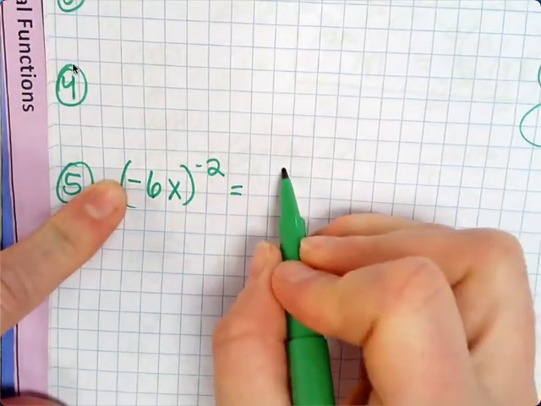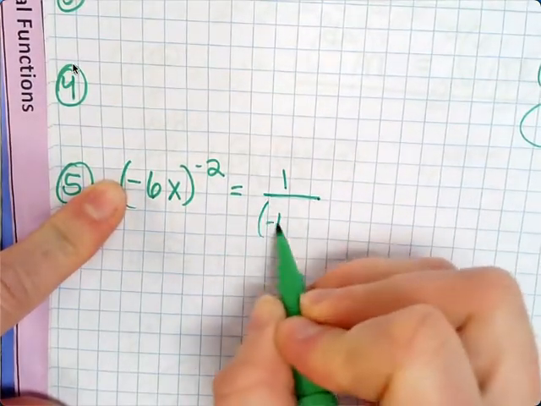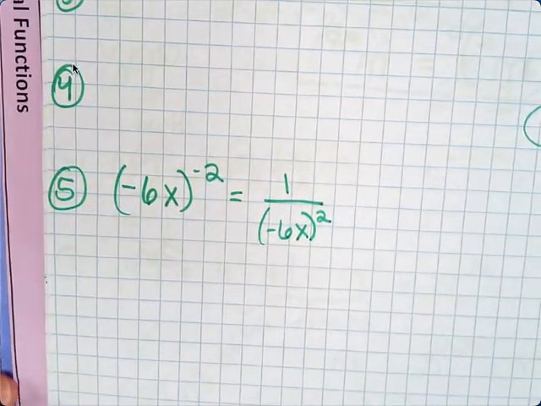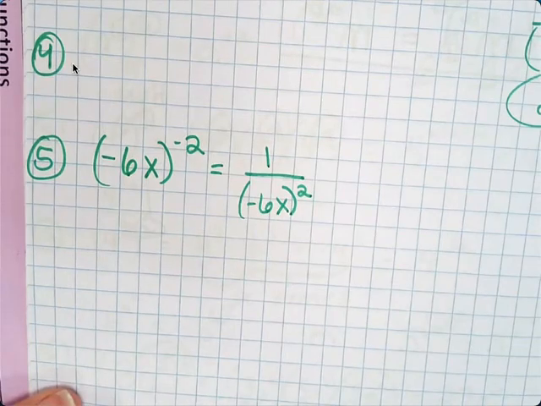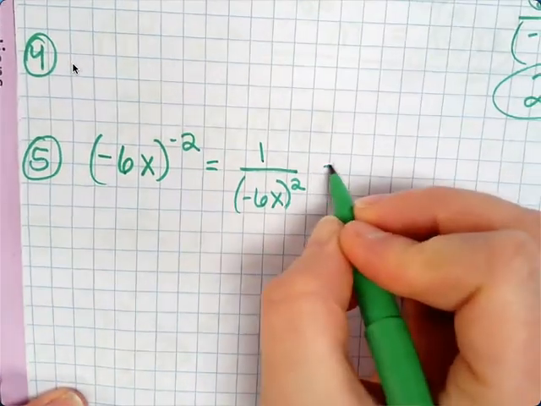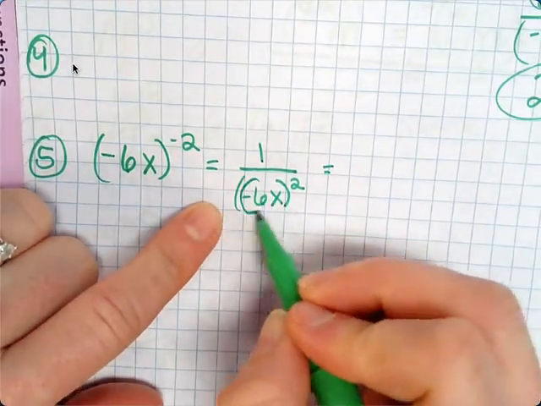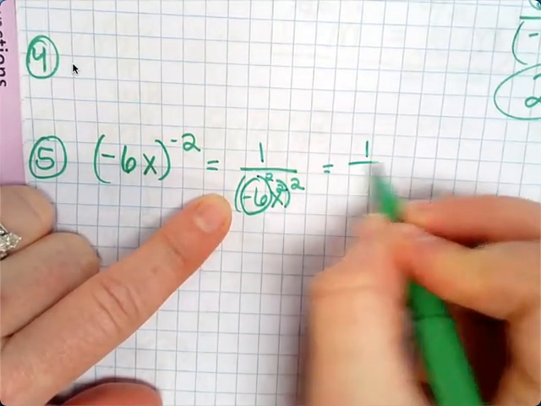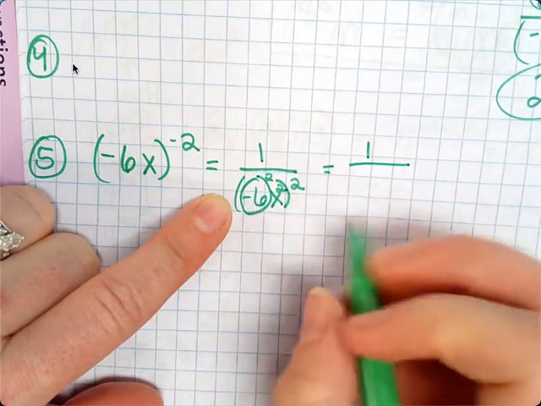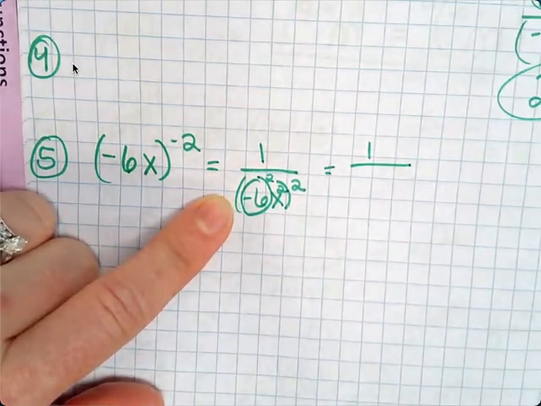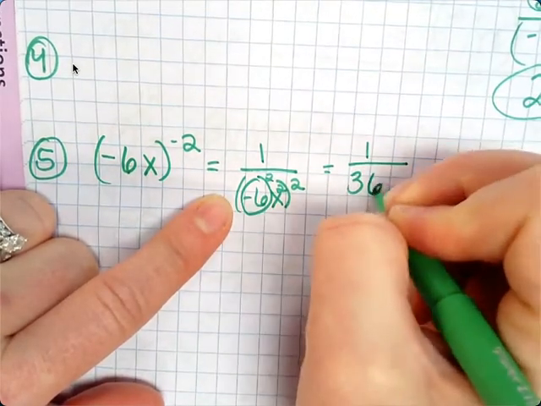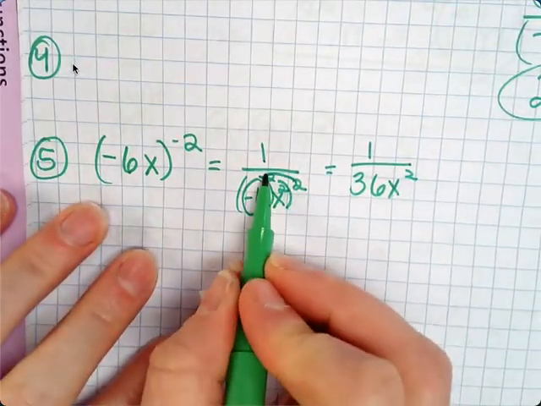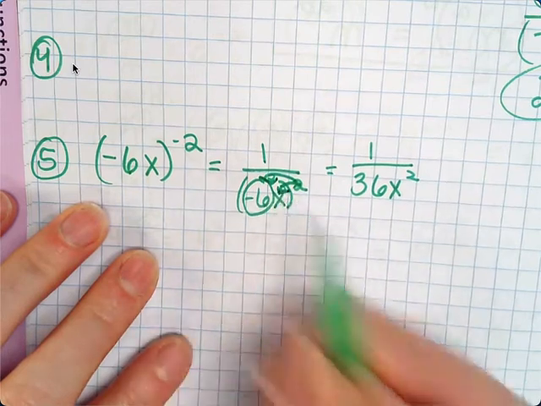So this would be 1 over negative 6x squared. Which then you would have to do negative 6 squared and x squared. Negative 6 squared is positive 36 because it's being taken to an even power. So 36x squared. Because I took this 2 and took it to each one.